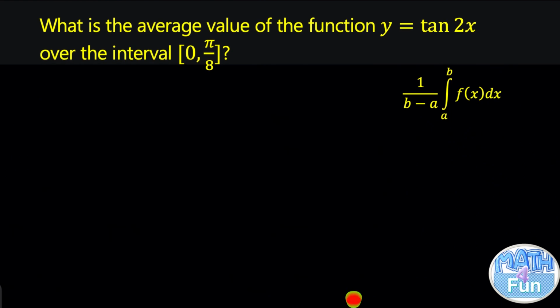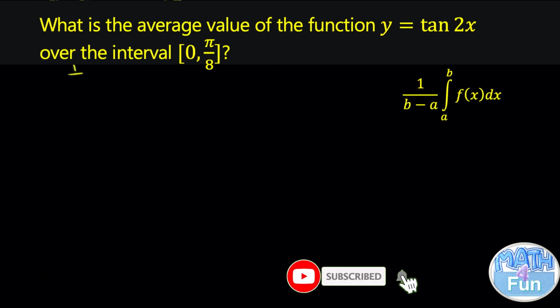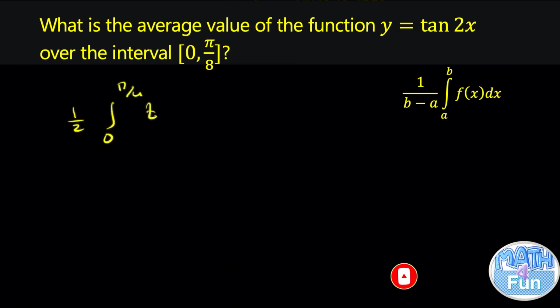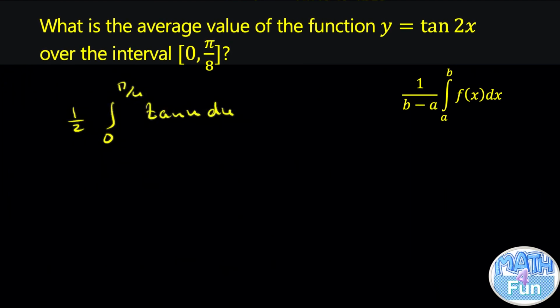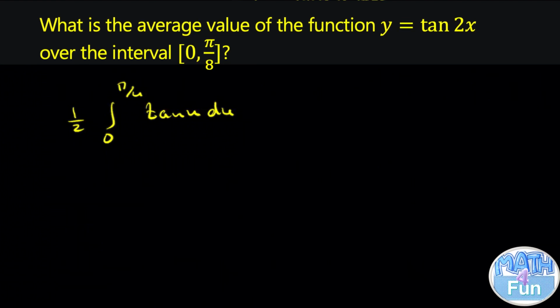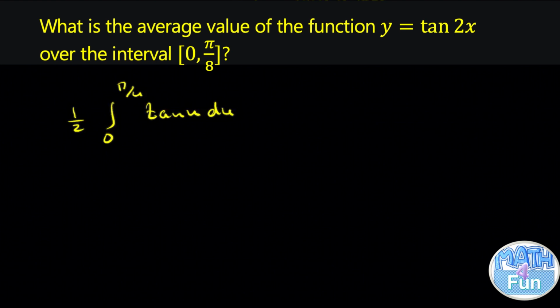Let's do the integral now. Let's write it again: 1 over 2 integral from 0 to pi over 4 of tangent u du. You know that the integral of tangent u du is going to be equal to minus ln cosine u.